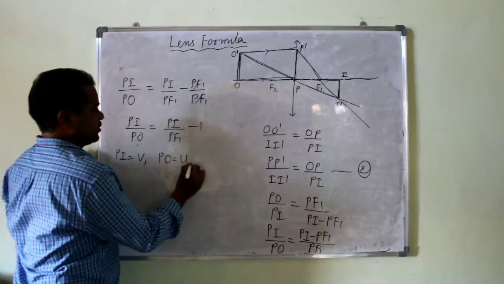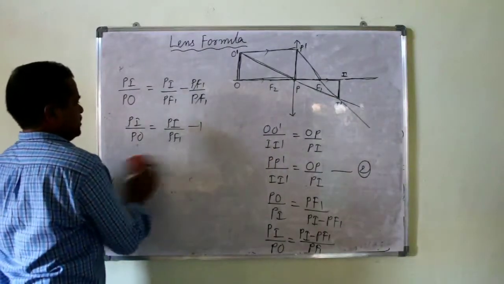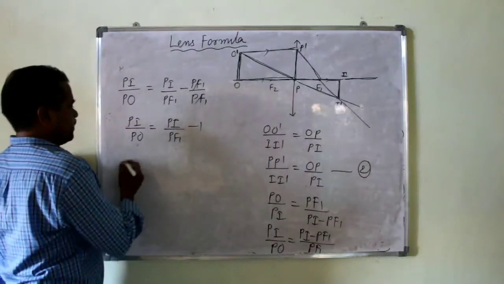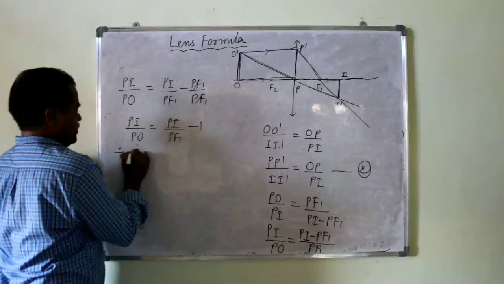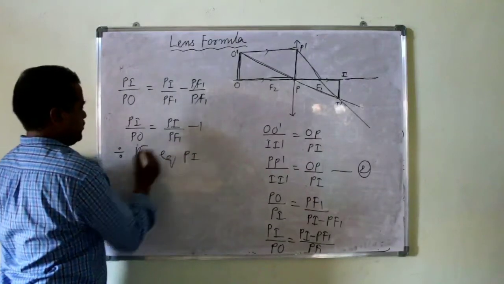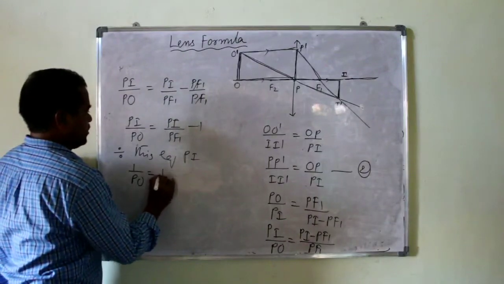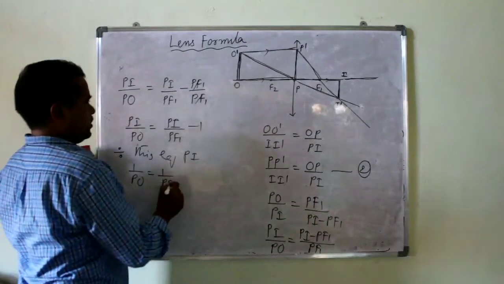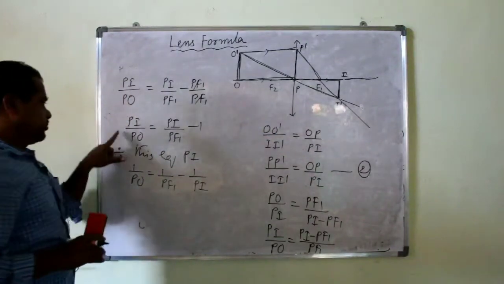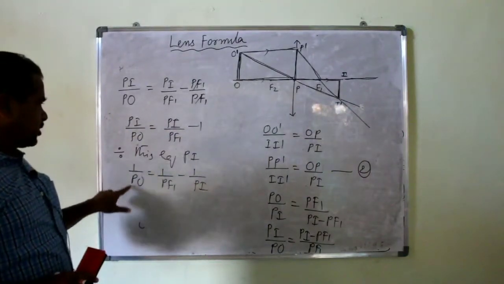PO is equal to U. Dividing this equation by PI on both sides of the equality, we get 1 by PO is equal to 1 by PF1 minus 1 by PI.